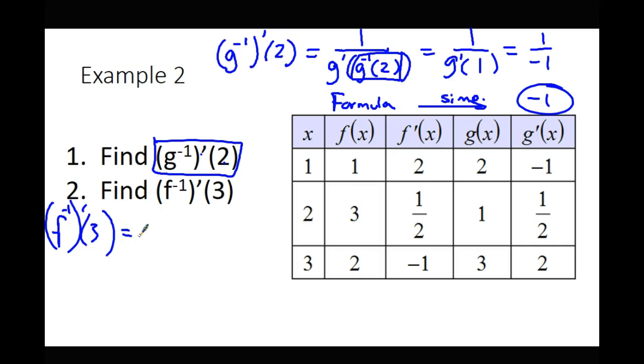Okay. So Andrew, I'll get you started here. It's going to be 1 over what? F prime times F inverse of 3. Very good.